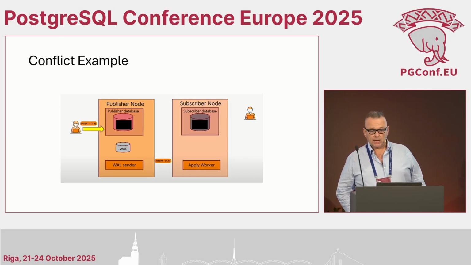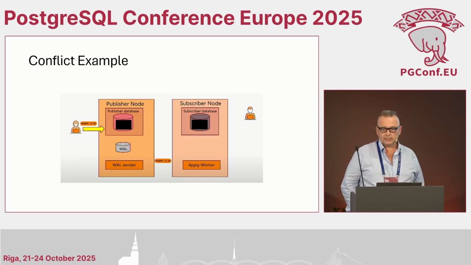You can see here we've got two nodes. We've got a publisher node and a subscriber node. You've got a user writing data into a table on the publisher node, and an insert is made on the publisher side, and this has a primary key, and of course this gets written to WAL. Before it actually gets applied over onto the subscriber, another user on node 2 directly writes a row onto the same table using the same key.